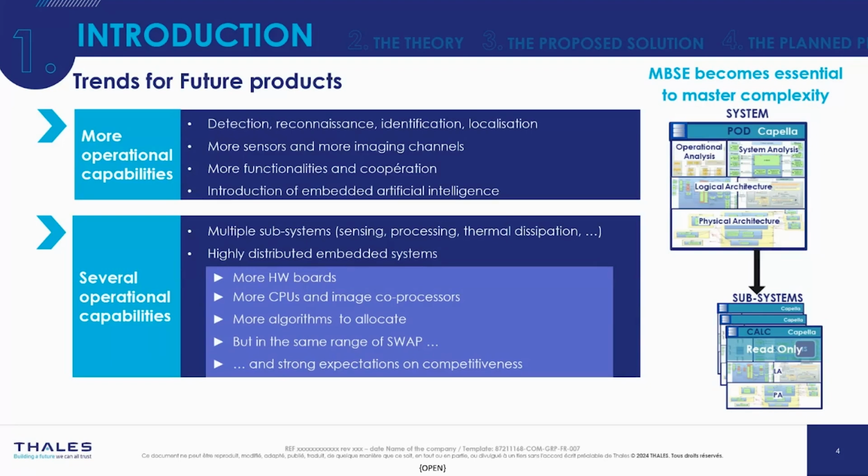In terms of hardware, it will imply integrating more sensors, more hardware platforms, boards, heterogeneous processors, or co-processing, to be able to integrate all of these new functions. We will certainly have to integrate both surveillance and designation in the same product, which is not the case today, and introduce artificial intelligence.